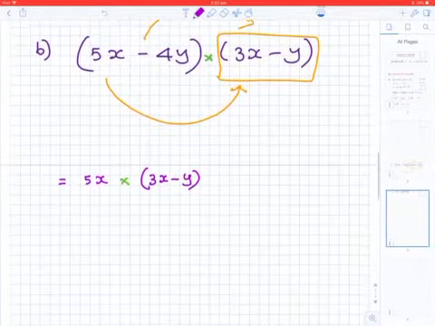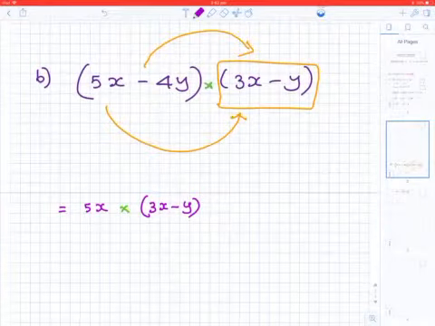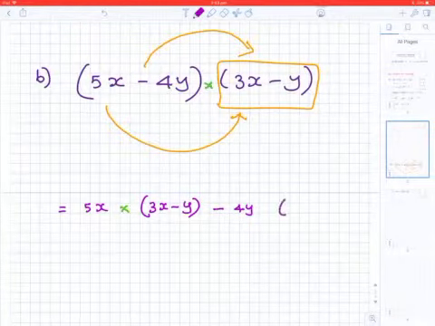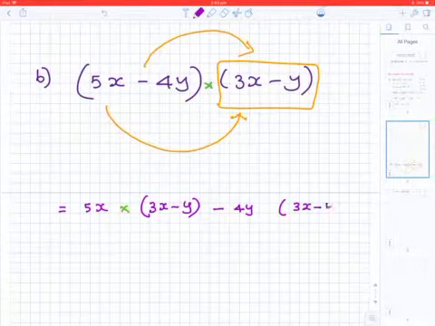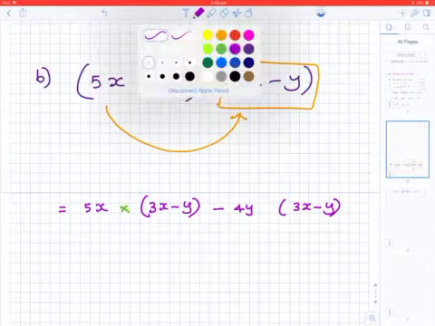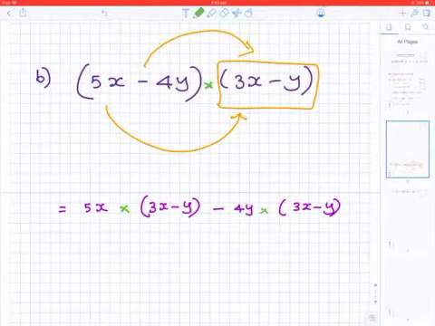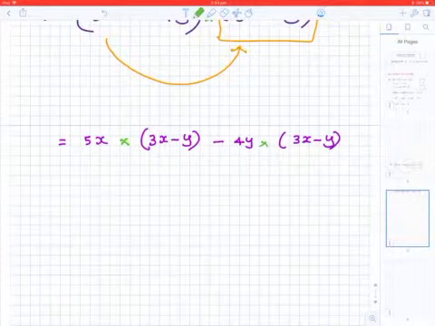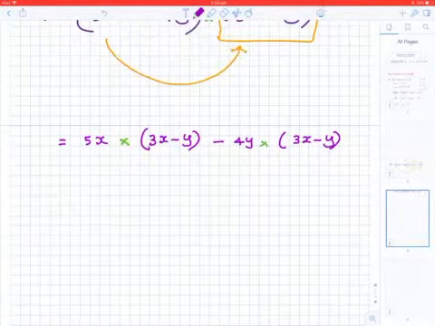First I'm doing 5x times the whole box, which is 3x minus y, then I'm doing minus 4y times the whole thing. So this is minus 4y times 3x minus y. I'm just going to introduce the times here like this. This is what I get.